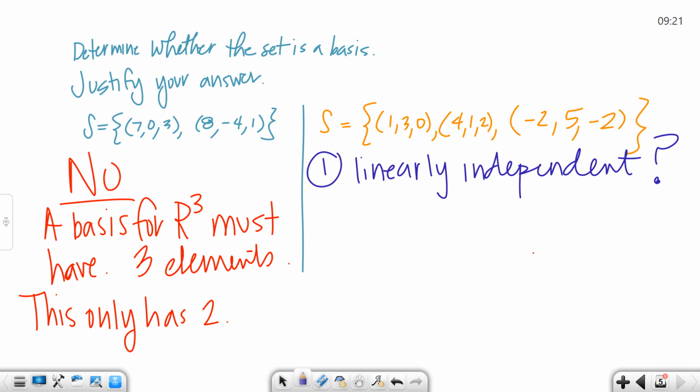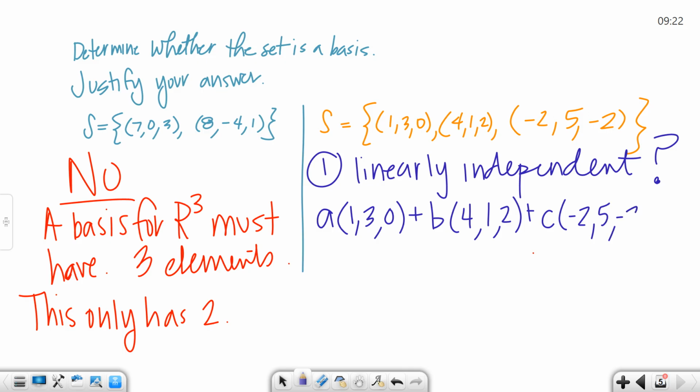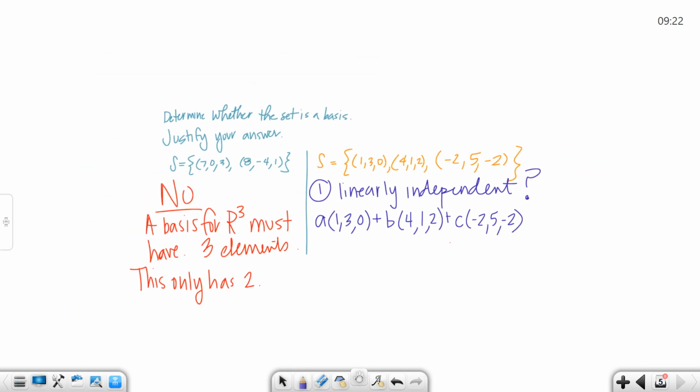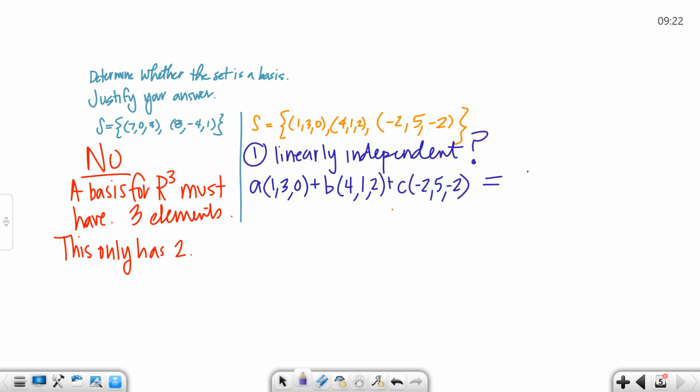So to check if something is independent, you're going to write the linear combination A times 1, 3, 0, plus B times 4, 1, 2, plus C times -2, 5, -2. And for independence, we set this equal to the 0 vector. If we're using span first, we set it equal to the generic vector, U1, U2, U3.